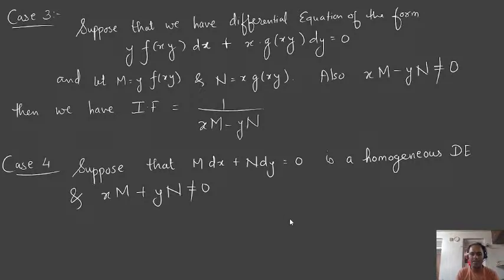This happens, then the integrating factor is equal to 1 upon xM plus yN. This is the integrating factor you have.